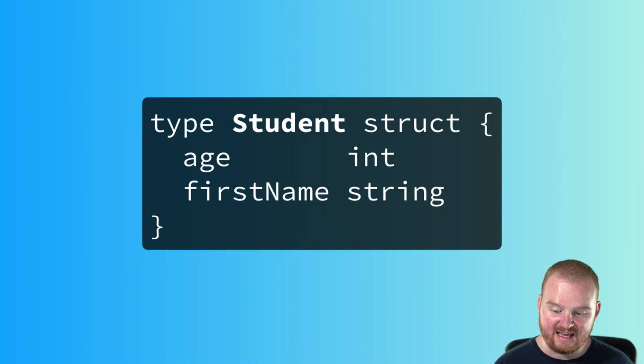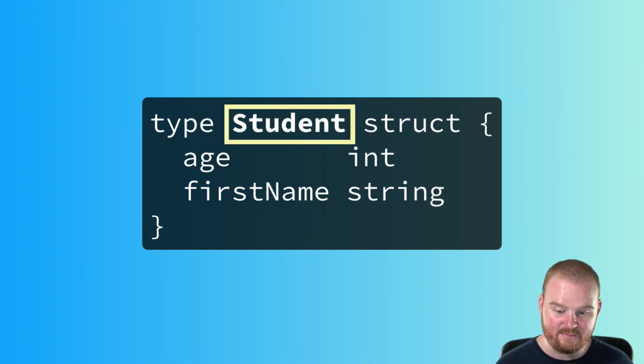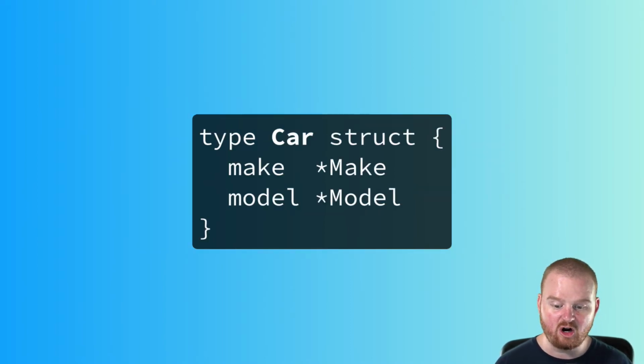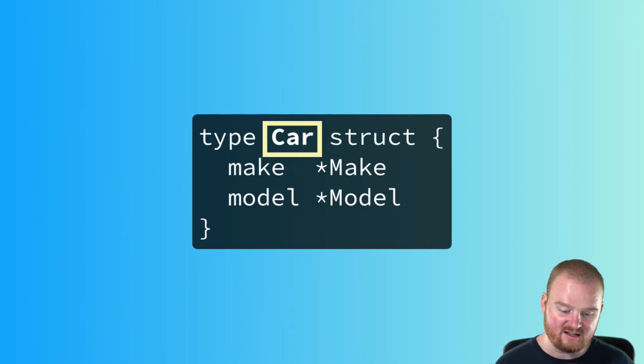Here, we have defined a user-defined type called a student type, which is made up of other built-in types, the number for the age and the string for the first name. We might also create a car type, which takes in a make and a model, both of which might also be user-defined types. Typically, a programming language does not let the programmer extend or redefine those built-in types.